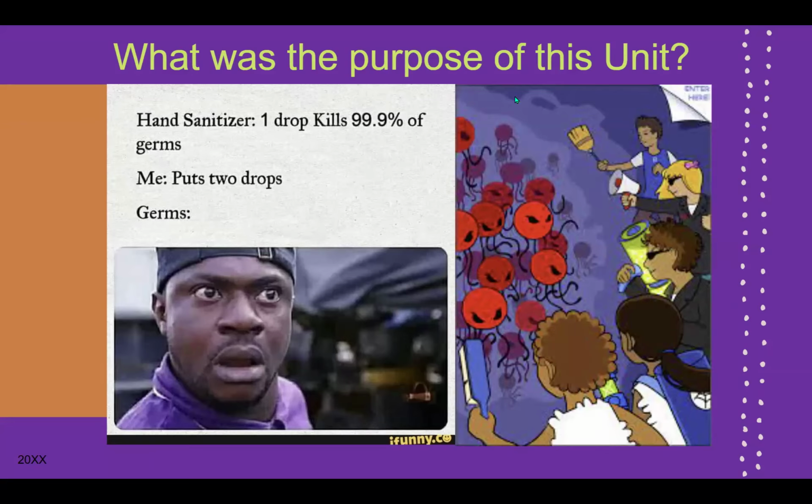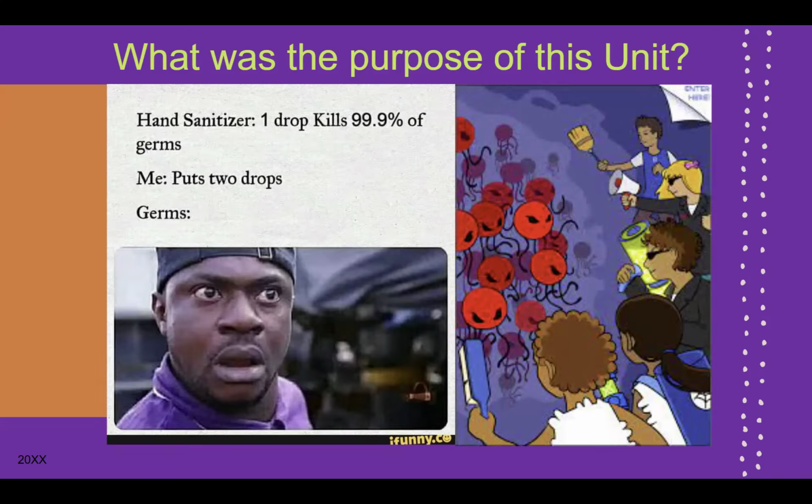So really quickly, why did we have this unit? What was the purpose of it? I like to joke around, one drop of sanitizer kills 99.9% of germs. So clearly two drops will kill all the germs, right? We all know at this point that that's not necessarily the case. But the whole purpose of this unit was, how do we control microbes?